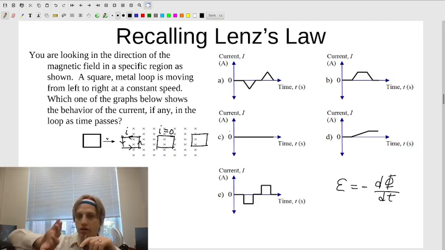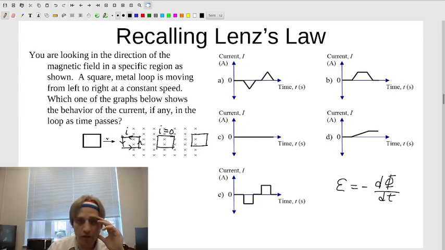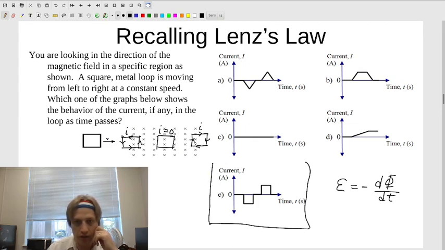So I want to induce a magnetic field into the page to keep things as much like they were as possible. And so I'm going to have a current that goes that way. Okay, so the current is going one way, 0, then going the other way. And I believe we're going to have something like this. And the reason is that the change in flux per unit time is the same as long as our square is going in and out.